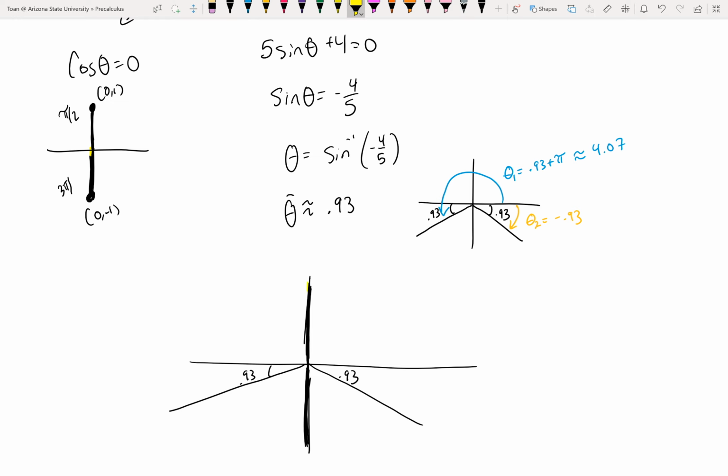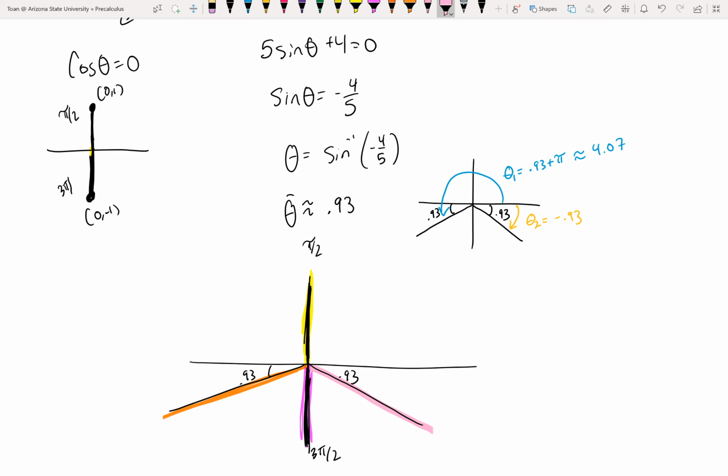I know already that these guys are symmetric, but I'm just going to highlight each answer separately. So we got one answer at 90 degrees, or pi halves radians. Pi halves. 3 pi halves. I got another answer at 3 pi halves, another answer at 4.07, another answer at negative 0.93.